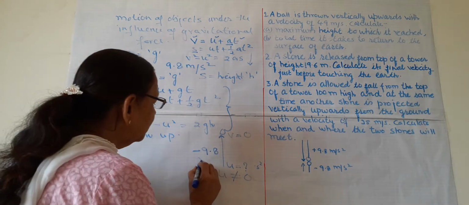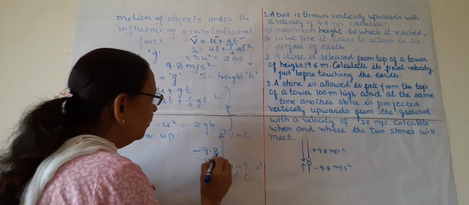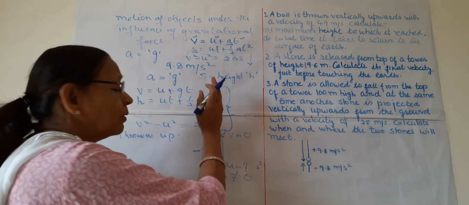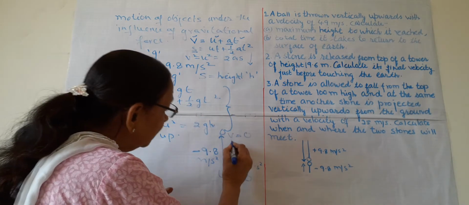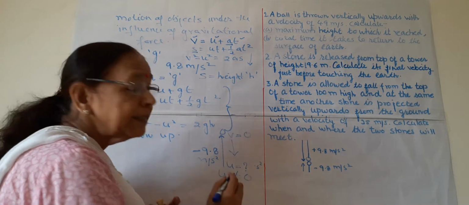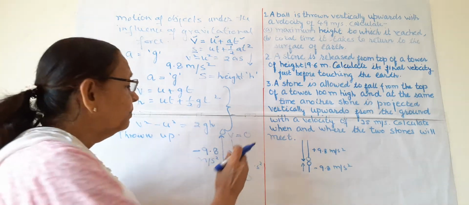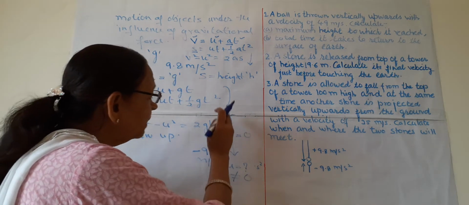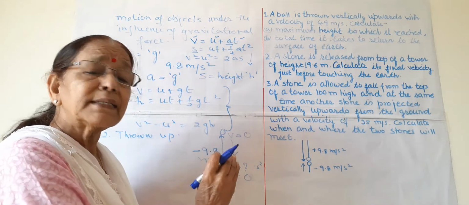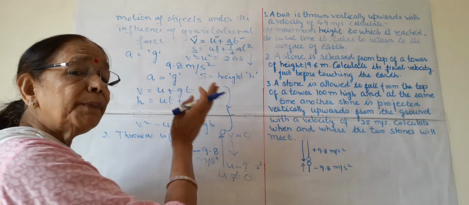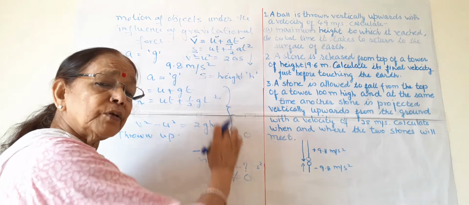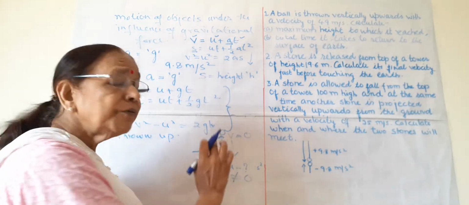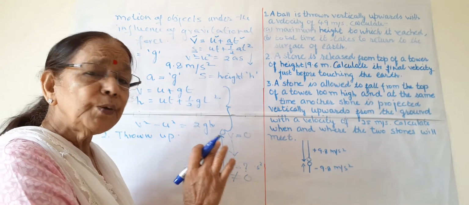This is minus 9.8 m/s square because the velocity is in the upper direction but the g is in the lower direction, because the earth is pulling this object towards itself even if it is going up. So here the direction of velocity and direction of g are opposite to each other.